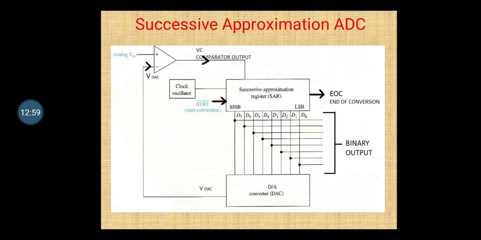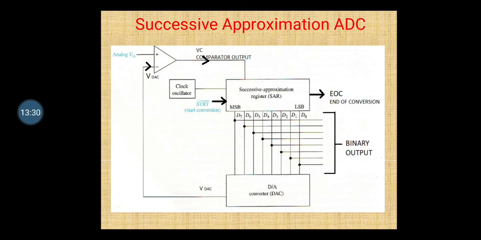So this is the circuit diagram of the successive approximation analog to digital converter. You can see an operational amplifier here. The op-amp is used as a comparator because its output is not connected back to the input with any resistor or capacitor. So only inputs are there: at the positive input terminal the analog voltage is given, and the negative input terminal is nothing but the voltage from the digital to analog converter.